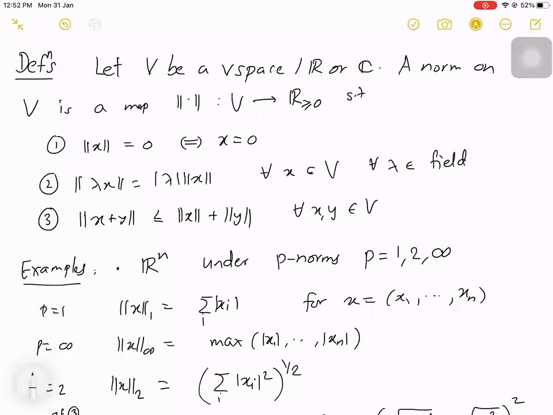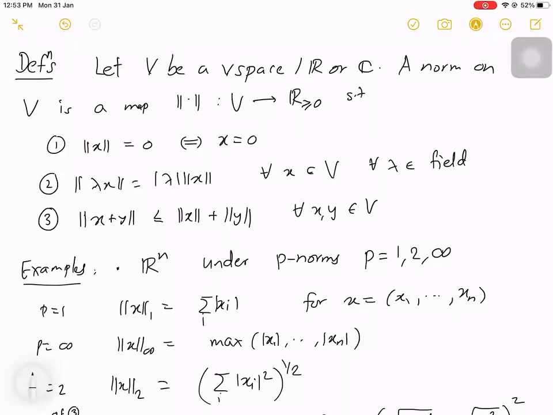We have to do a little bit of work. In the third one, I can really change that plus sign to minus, correct?